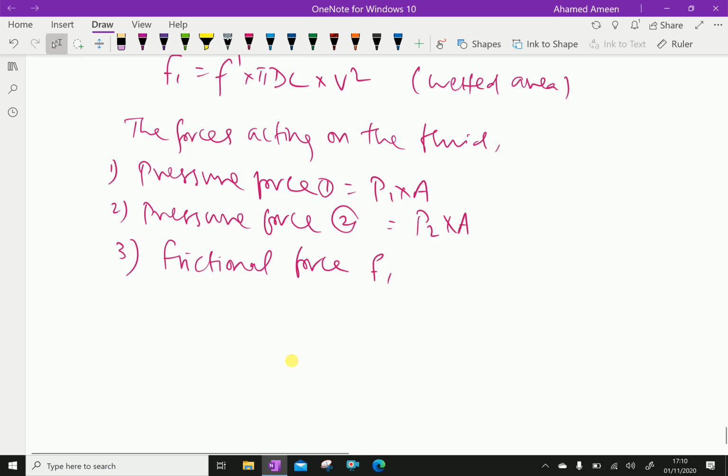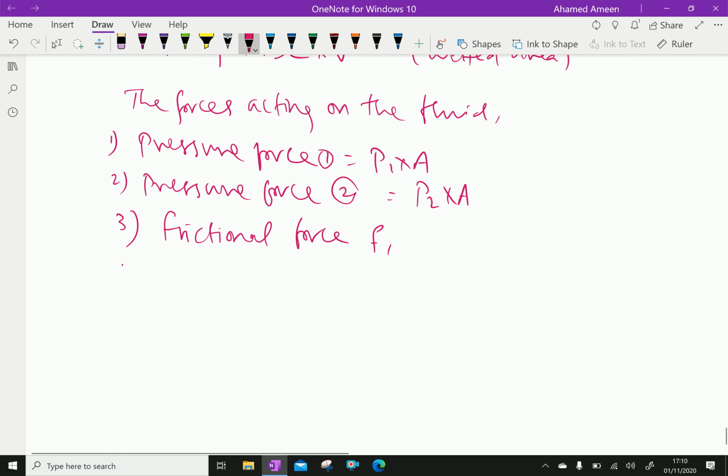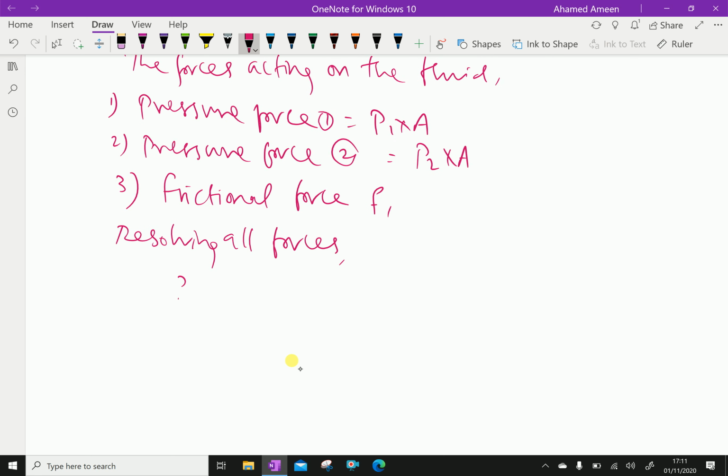Therefore, resolving all forces, we get P1 A minus P2 A minus F1 equals 0.